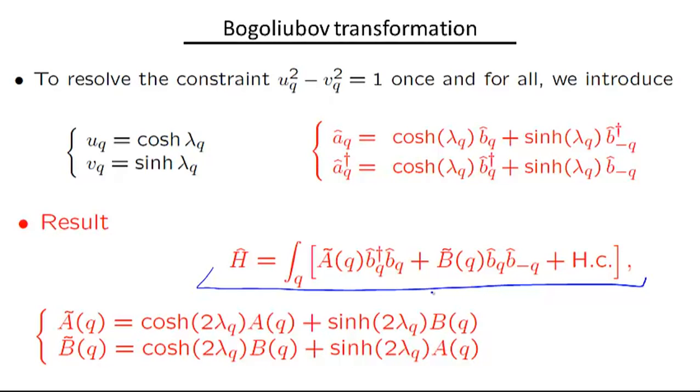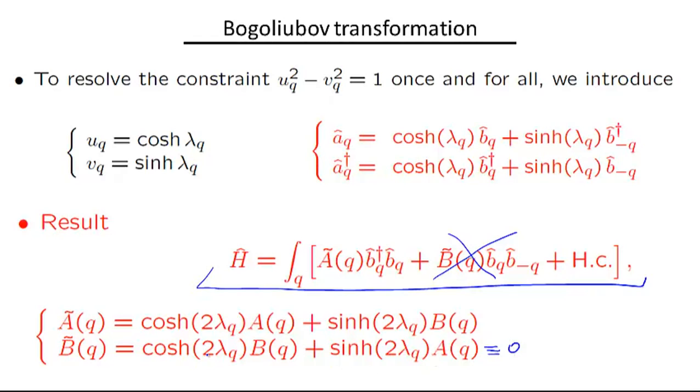Lambda here is a free parameter, or better to say a free function. We can choose this function any way we see fit. In particular, we can choose it such that this unwanted term, the bad term that we don't want to see, is identically equal to 0. So we set by hand B tilde of q equal to 0, which leads to an equation for lambda.